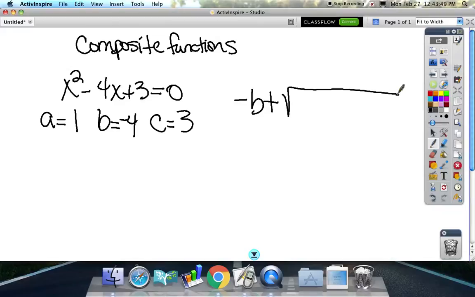No, square root, not square. Fraction, negative B plus square root.